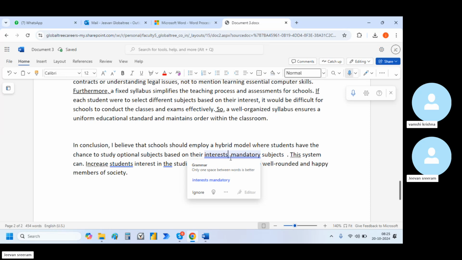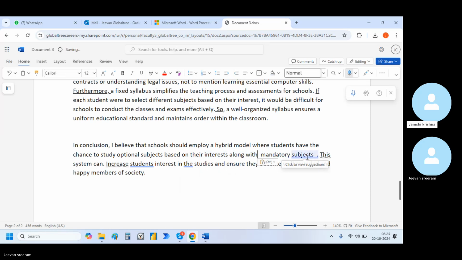This will give you better order. So I believe this is our idea, they should be able to study some of their interested subjects along with the mandatory subjects. Have you understood, buddy? Yes, sir. It is not fully agreeing or even fully disagreeing with any of the sub ideas given in the question, correct? That's how you should be able to come up with a unique stand.